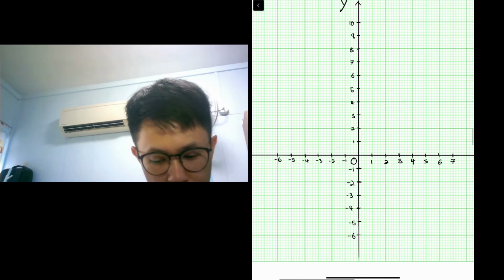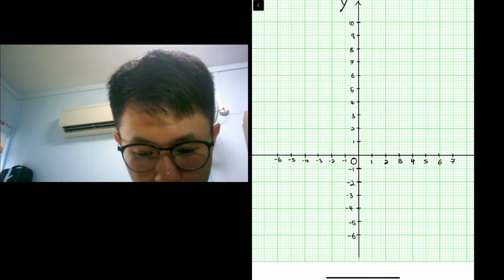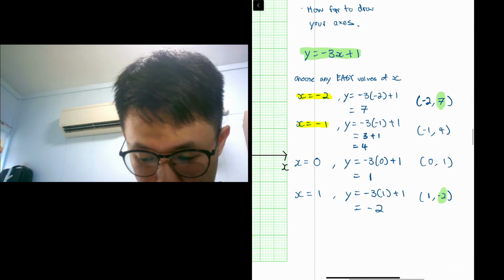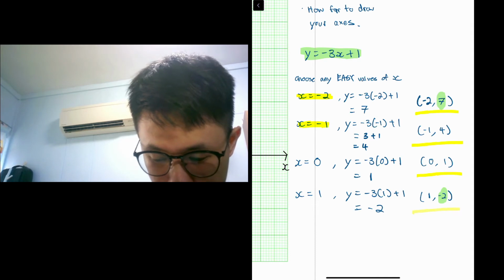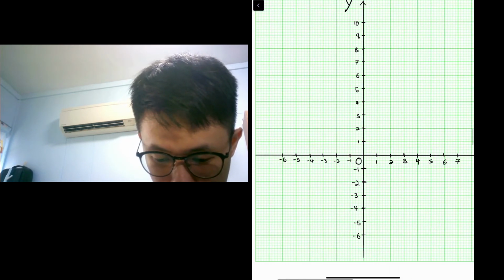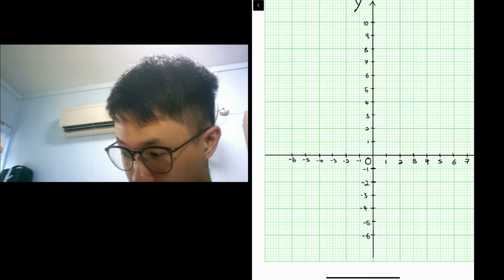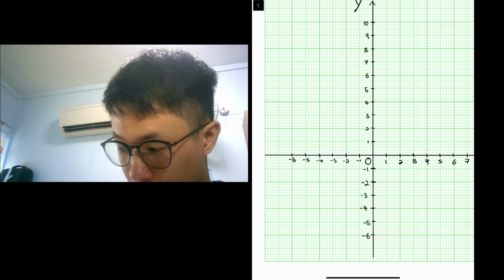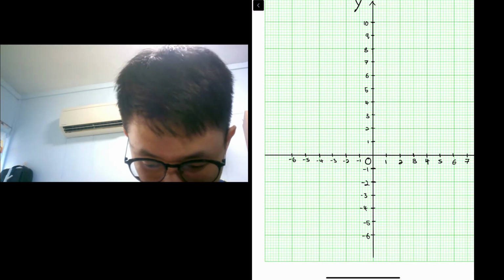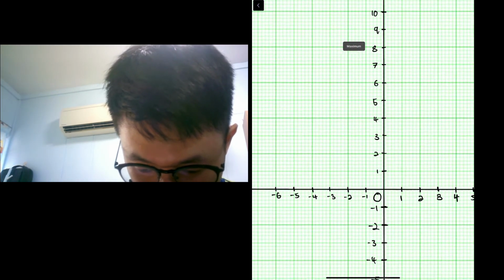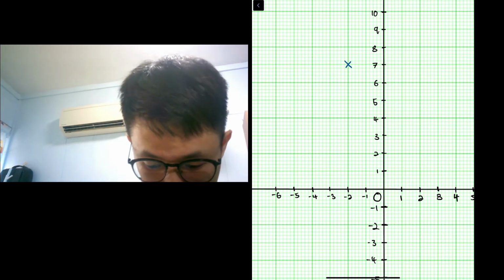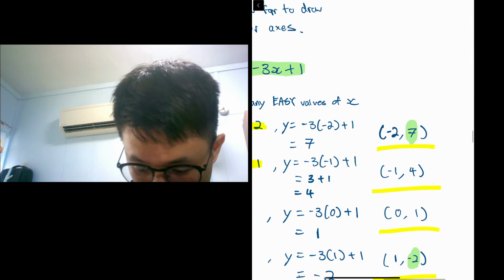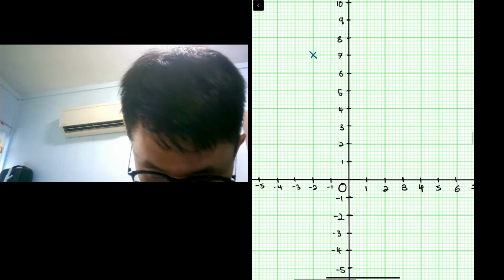So we have finally set up the axis. We can start plotting the points. The first one we have is (-2, 7). So over here, (-2, 7), (-1, 4), (0, 1), and (1, -2). (-2, 7) is somewhere here. (-1, 4) is here.